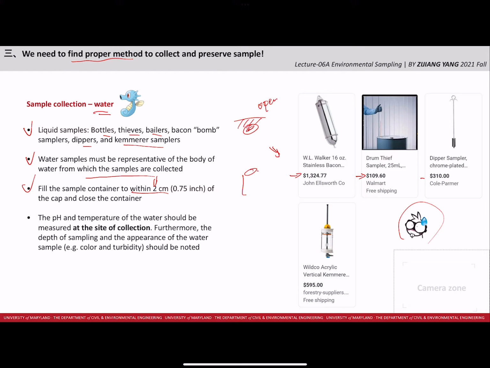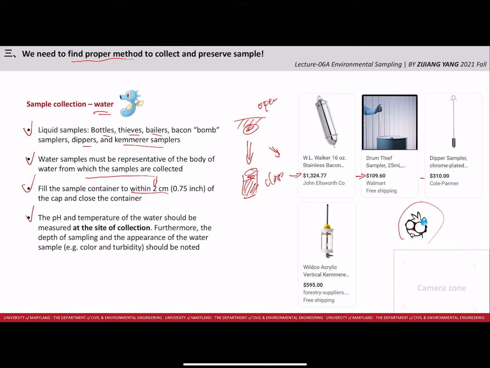But if we have a water sample in our sampler, it becomes a closed system. And from the open system to the closed system, the equilibrium may change. So the composition of the water sample may change, especially with a large amount of air.